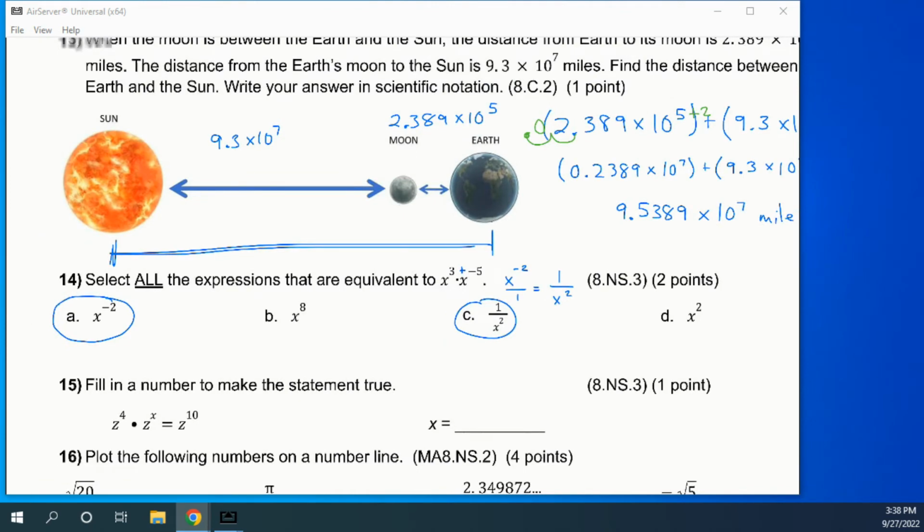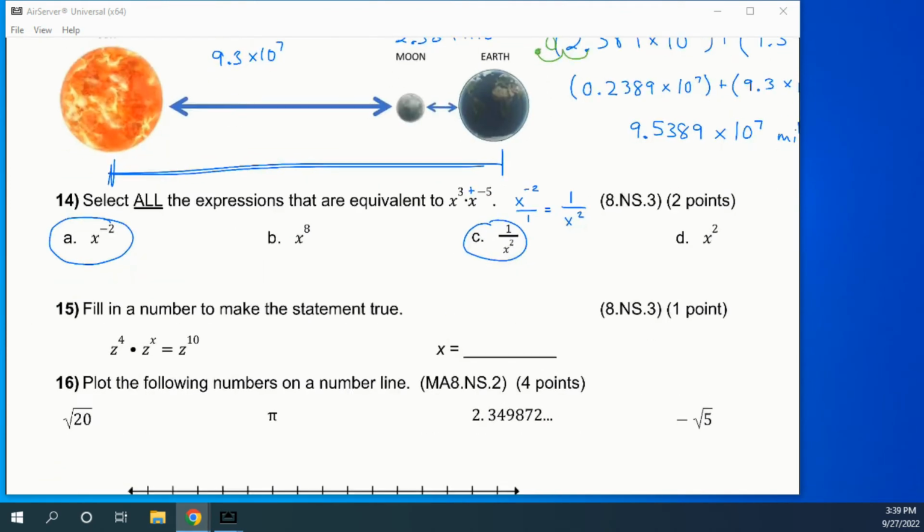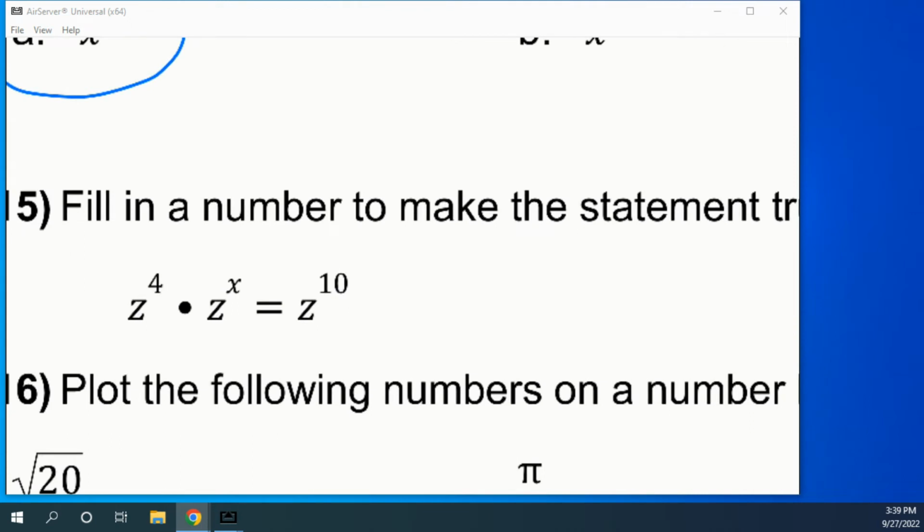Okay. Number 15, fill in a number to make the statement true. This one, don't make this harder than it needs to be. 4 plus what number would get us a sum of 10? Because our rule says that if we have the same base and we are multiplying, we can add those exponents.